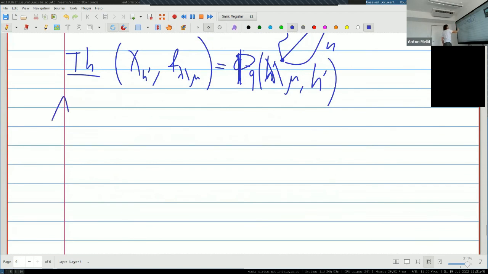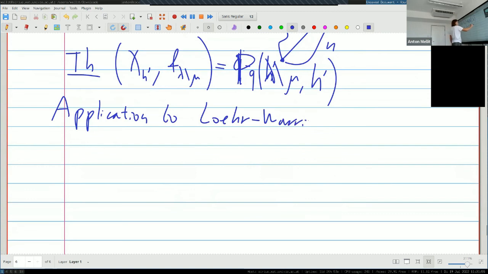We have this application to the Loehr-Warrington conjecture.